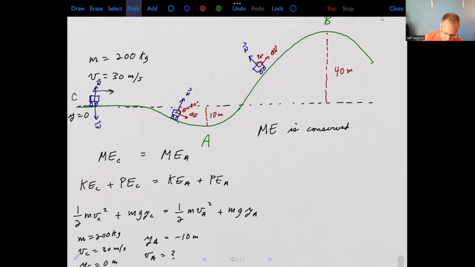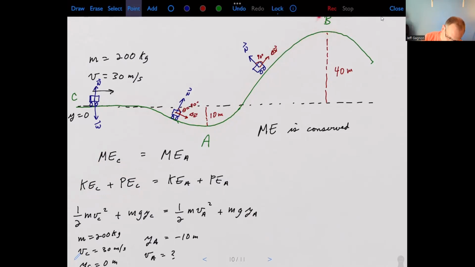For any location on any part of the track, the mechanical energy is the same. Here we're losing potential, gaining kinetic, which means you're going faster. Here, we're gaining potential and losing kinetic, which means you're going to be going slower.